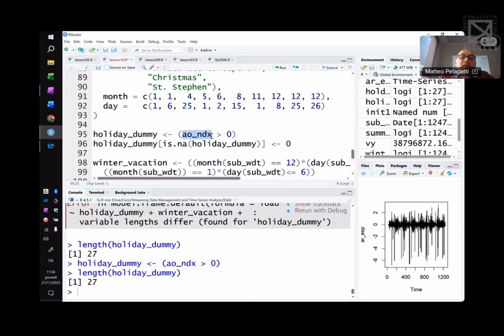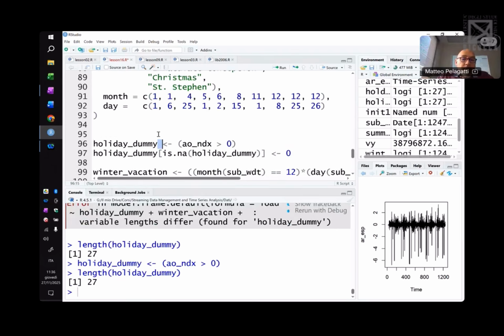I use this as if it were something. This is already an index, so I'm using this in a wrong way. So sorry, I built this holiday dummy in the wrong way, because I'm already using the index. So this could be made this way.